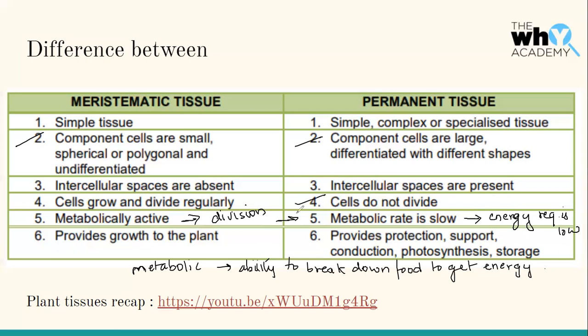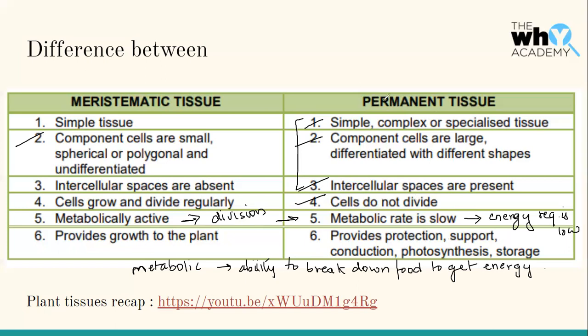The fourth point we know very well. Anything else which needs explanation? This is a factual statement. The first, second, and third points are just the breakdown of the definition. Fifth we discussed, and sixth would be the main functions. Meristematic tissues are involved in growth. Permanent tissues have different functions.